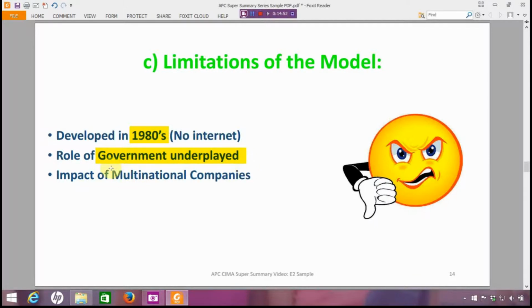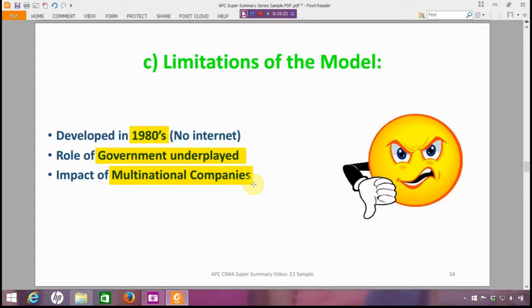The next point here is in relation to multinationals, and as you'd appreciate, multinationals have developed considerably over the last 30 or 40 years. They will have existed in the 1980s, but a multinational company may not be overly concerned about factor conditions within a given country if they're looking to deploy resources there or expand overseas, because they may well bring their own resources, their own funds, their own technical know-how and skills.